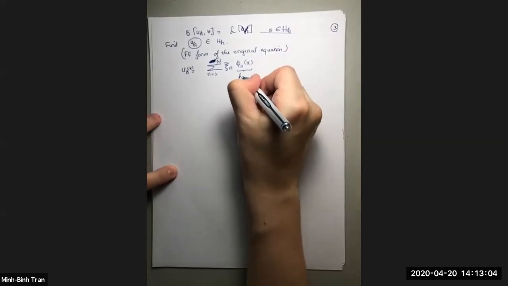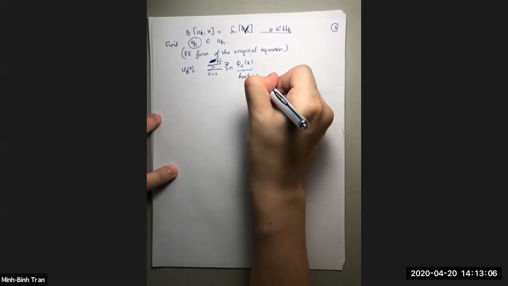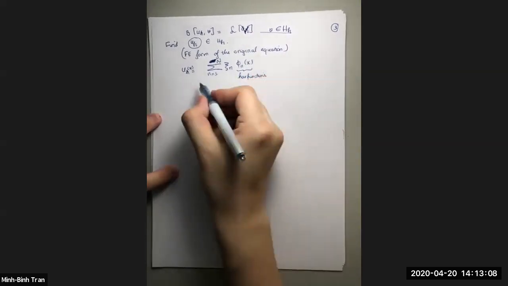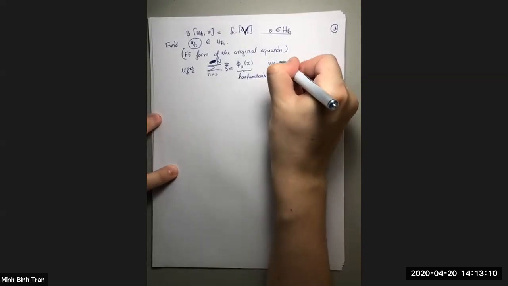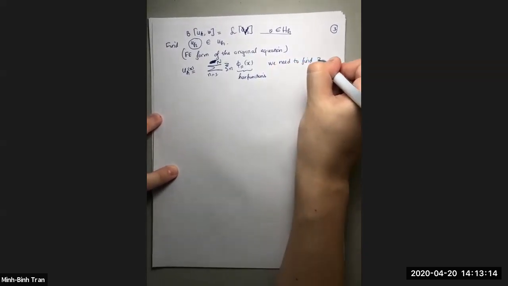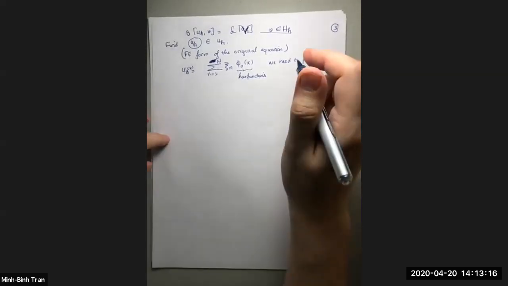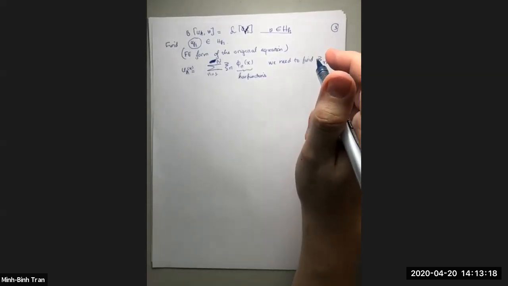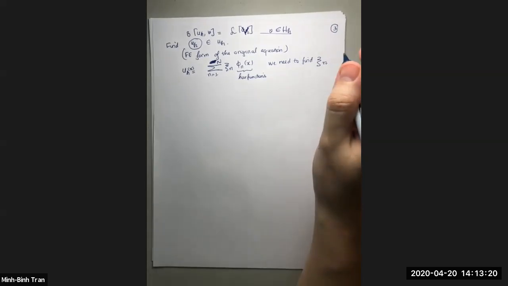This is the hat function, and we need to find C_n.